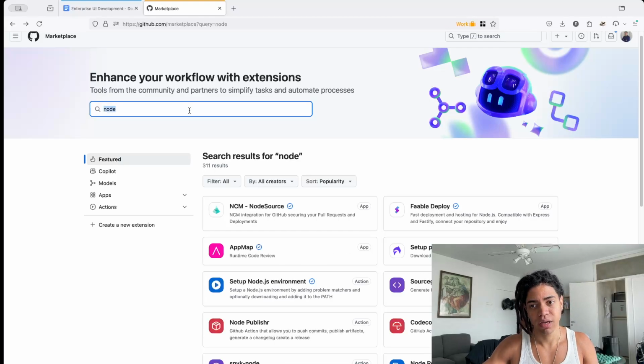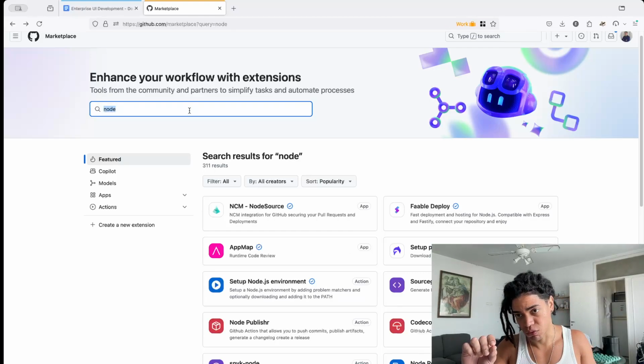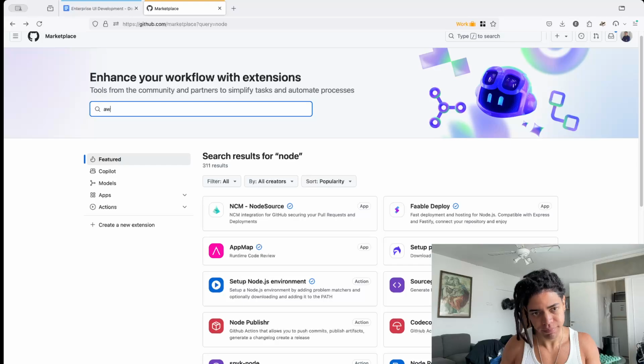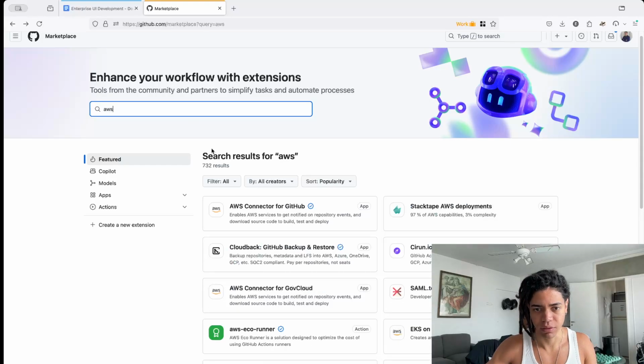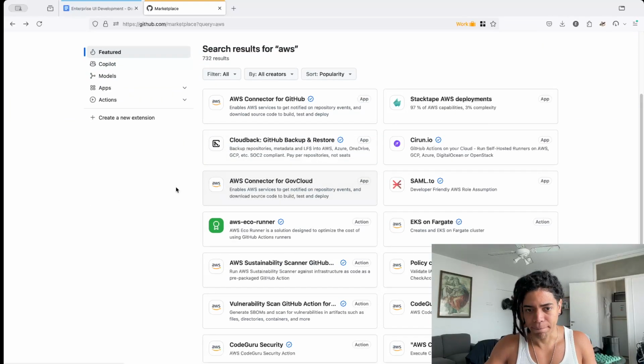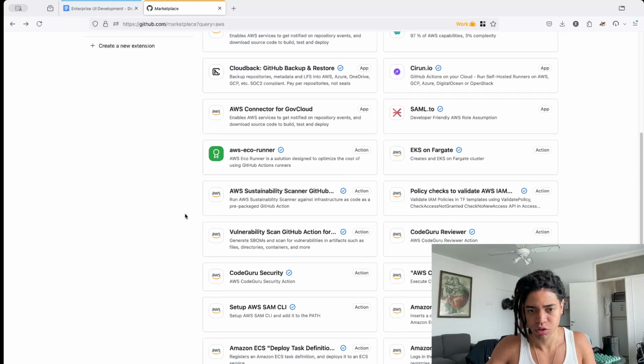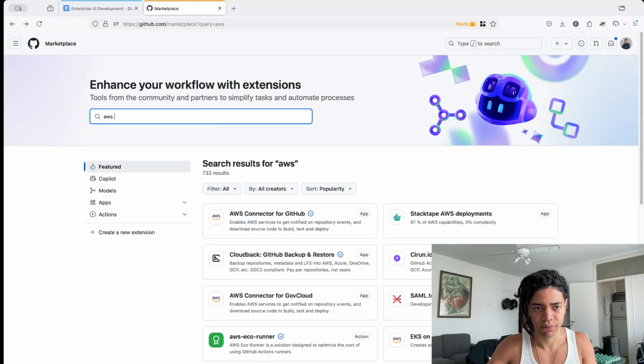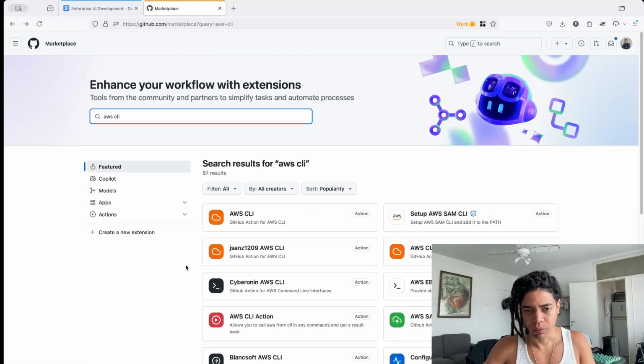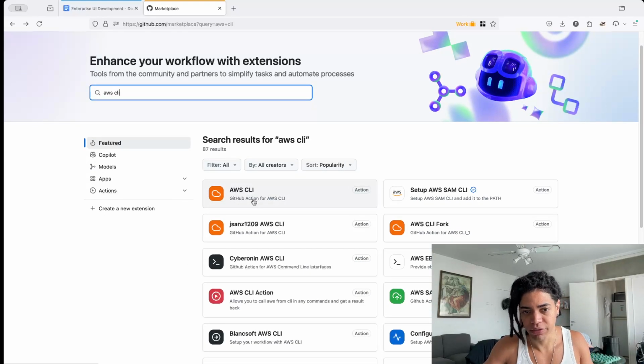The other is setting up authentication for cloud providers. So for example, with AWS, right? Let's say here you want to do that for AWS CLI. Exactly. You have an action for AWS CLI. Set up AWS SAM CLI.